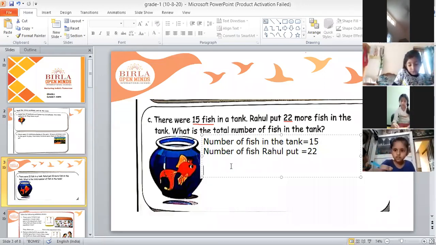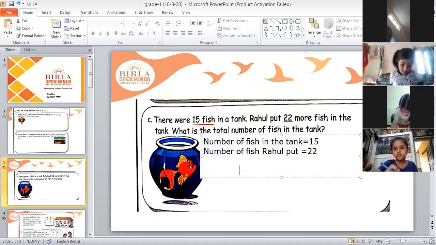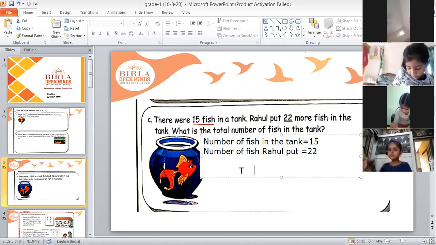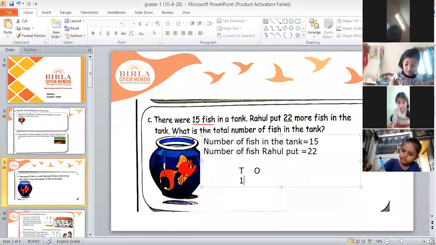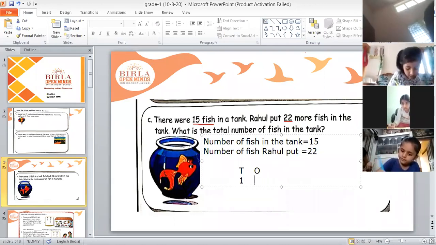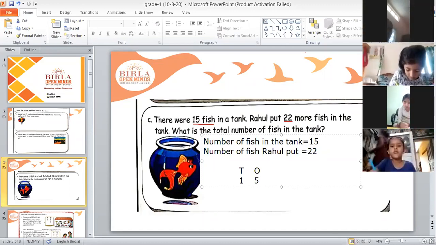So now again what we will do? We will arrange these two numbers in ones and tens form, because it is a 2-digit number. Your first number is 15, so this 1 will come in tens place and 5 will come in ones place.